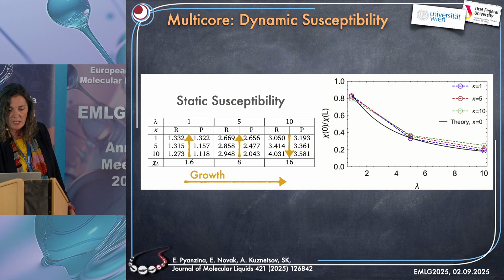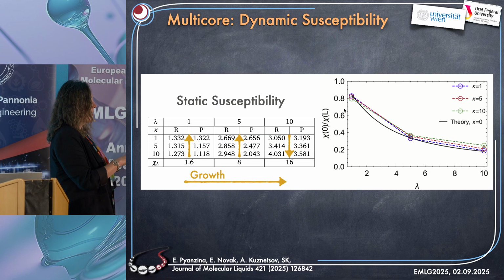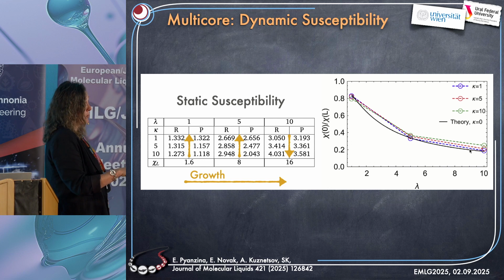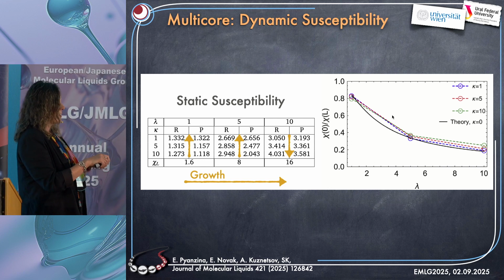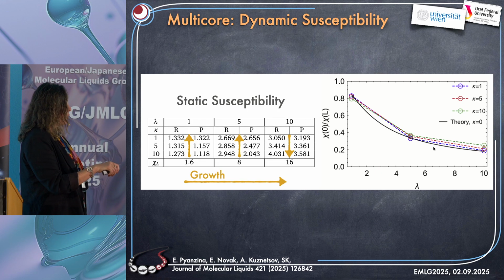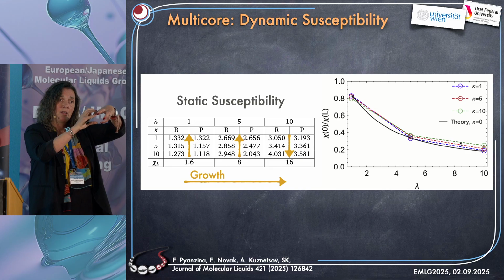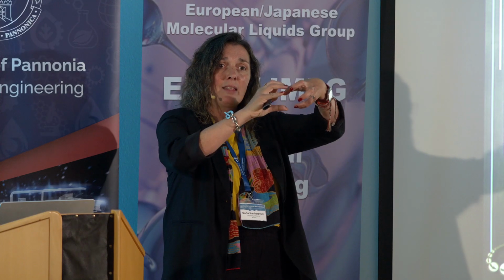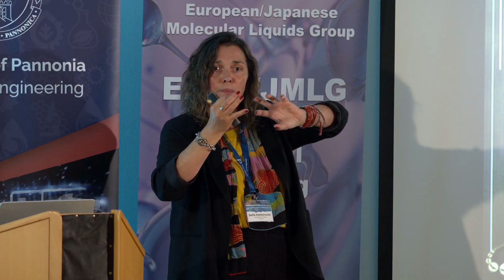How is it reflected in the susceptibility? It turns out that the higher the interaction between the cores in the multicore is, the lower is the susceptibility. So the interactions block the cores, and when you apply the field, there is no way you can go out.